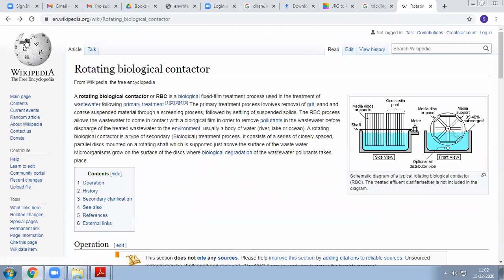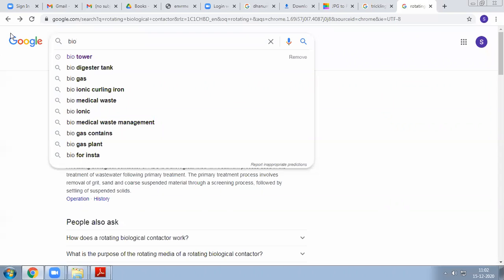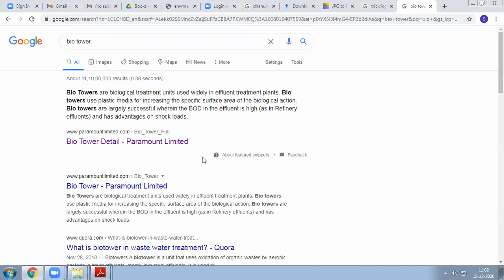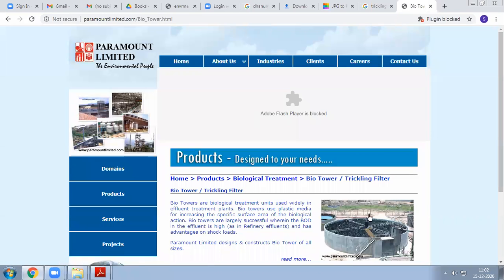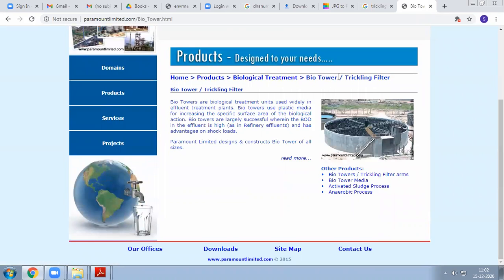So what else? You have the biotowers concept. So I'll try to see that now. Same principle, biotower. This is a trickling filter; we need biotowers. Wait.